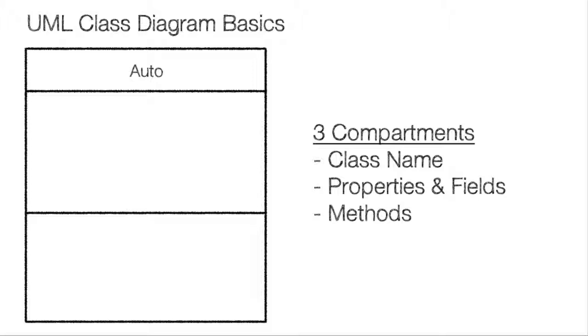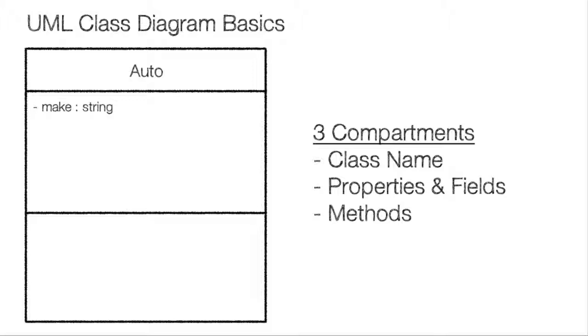So in this particular case, you can see that we have a class called Auto. Now, this class is going to be similar to the Auto class that we created within the examples from earlier today. So the second compartment is where you would put your properties and fields, and then the third compartment is where you would list the methods that make up your class.